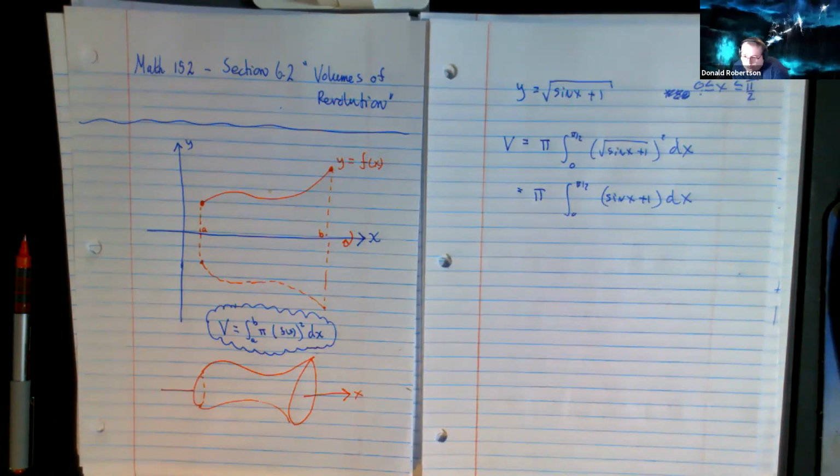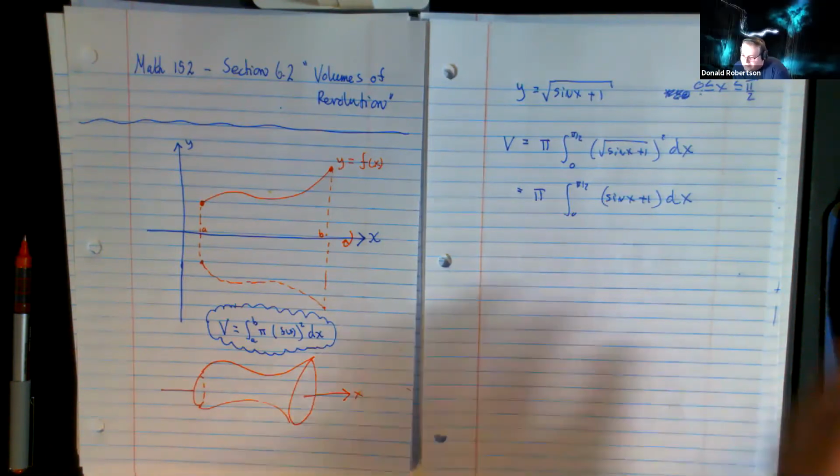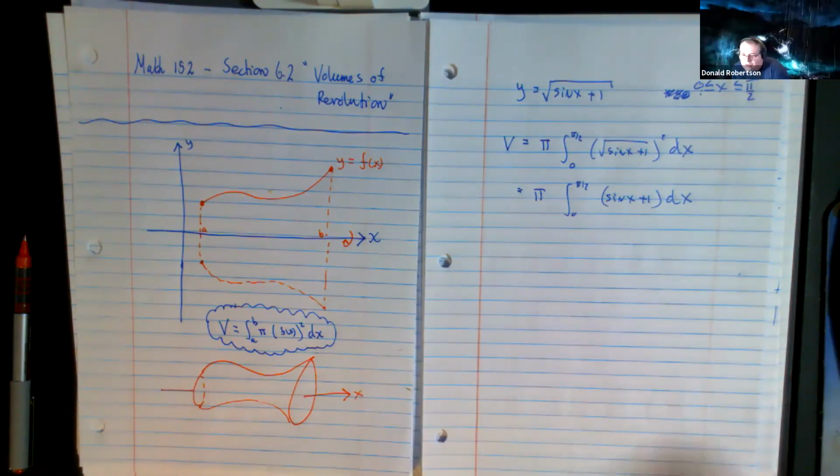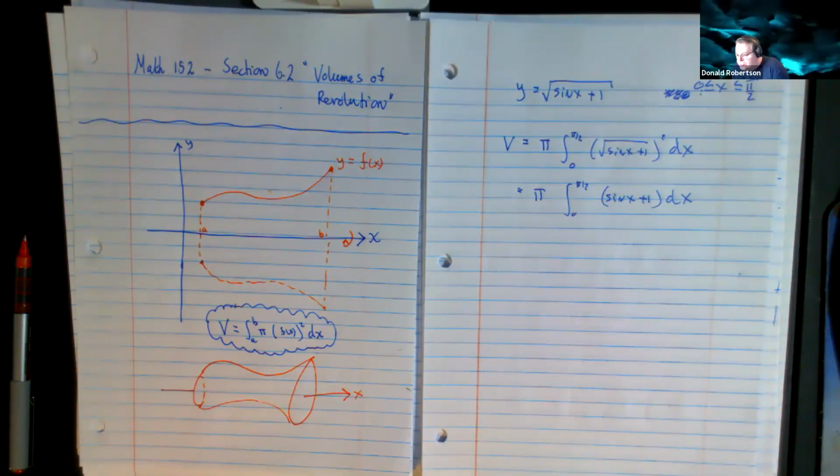Can you see these questions work really well algebraically for square root functions? Square root of x, square root of 2x plus 1, square root of sine x plus 1, square root of, insert anything you like. Doesn't the algebra work really well with them? Because you square that function, and squaring a square root pretty much takes care of itself.